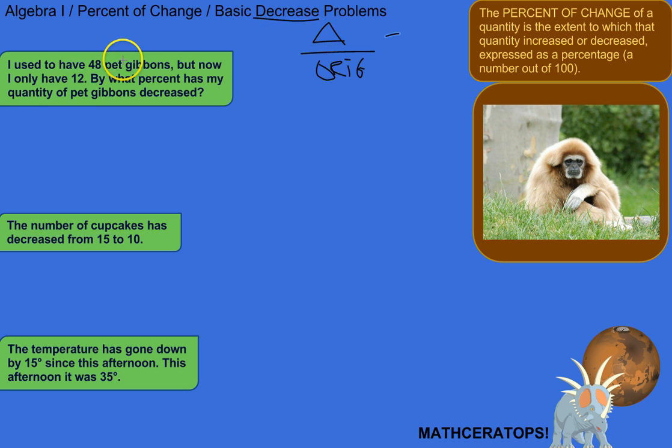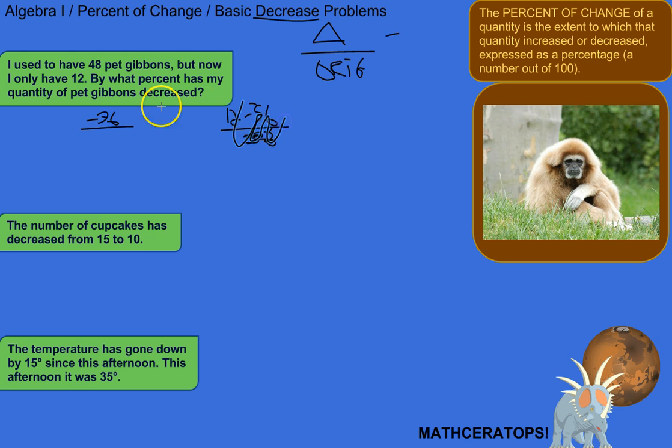So I used to have 48 pet gibbons, but now I only have 12. So what's my change? My change is it's gone down by 36. And I could calculate that. I mean, you could start with the number you have now minus the original number. And here's the real setup: what you have now minus what you used to have, over what you used to have, the original.